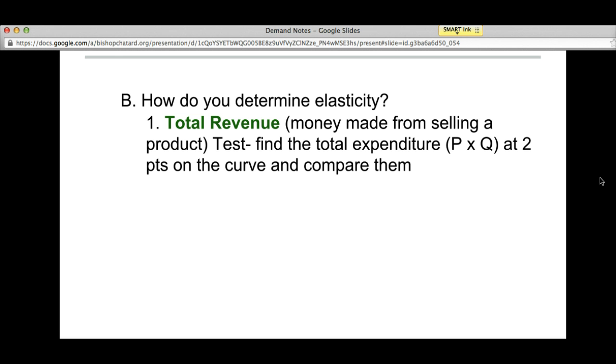You can tell this on a demand curve by taking your price, however much you're charging for your product, and multiplying it by the quantity, however many products you're going to sell at that particular price. That will give you your revenue, how much money you make from selling it. Now, for the total revenue test to determine elasticity, you have to find the total revenue, price times quantity, at 2 particular points on the curve, and then you compare them.